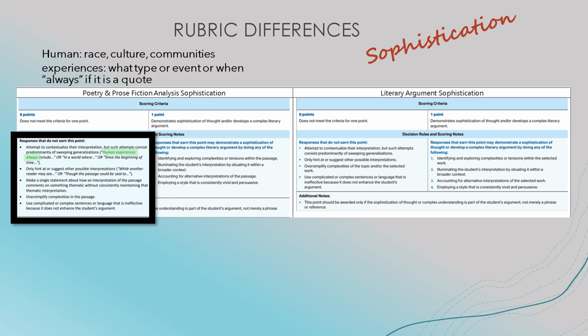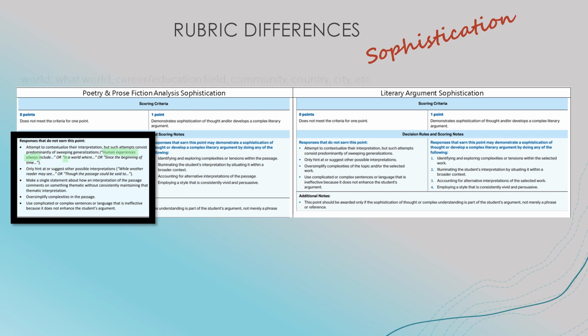In the phrase, in the world, let me pull that up. Be specific. What world? Are you talking about a career, education field, community, country, city? Again, you can refer back to your passage to actually be specific in what you're talking about.